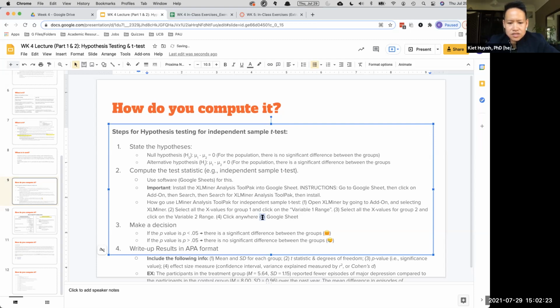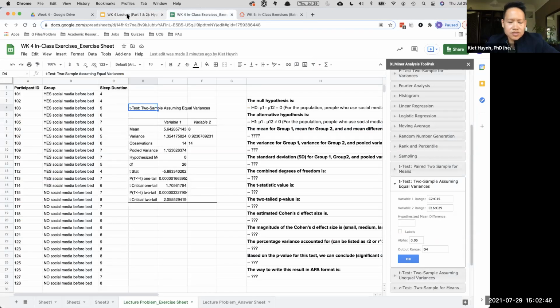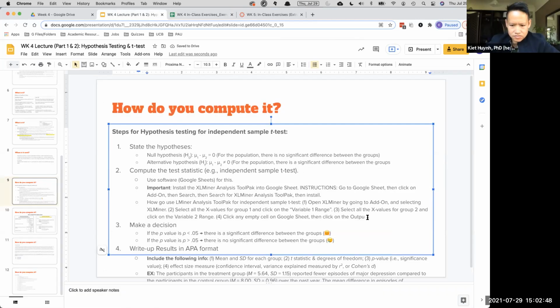You need an empty cell in the Google Sheet, then put it in the output range. Done.